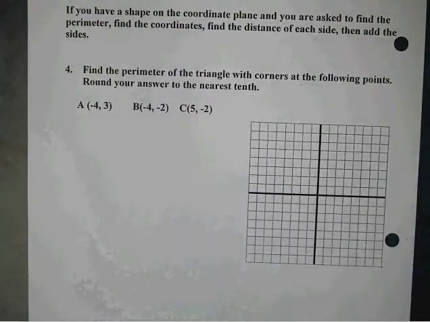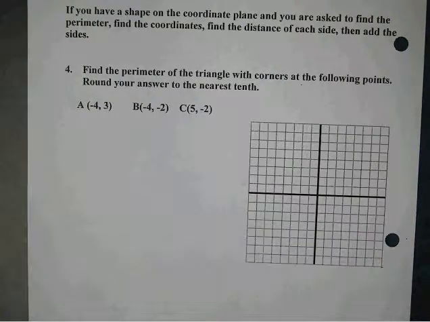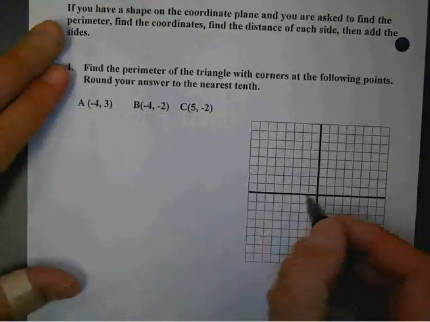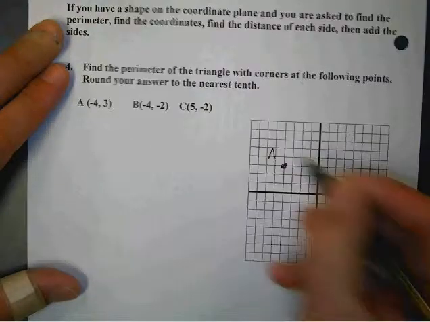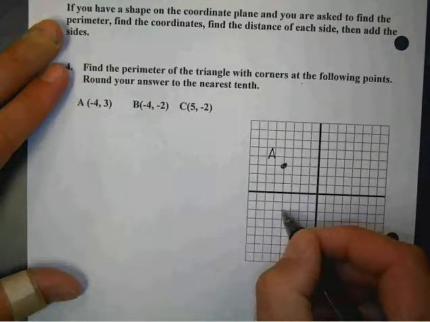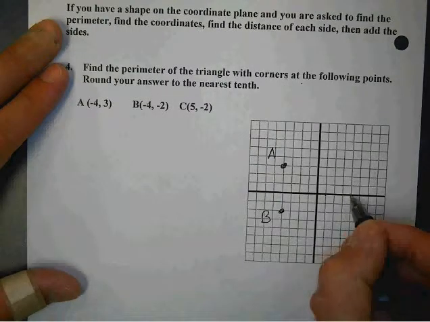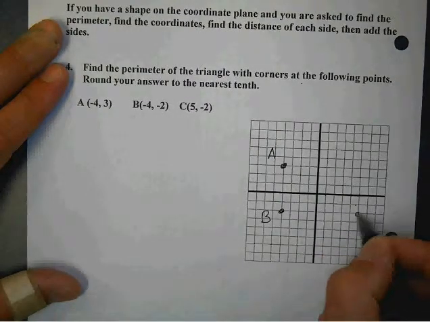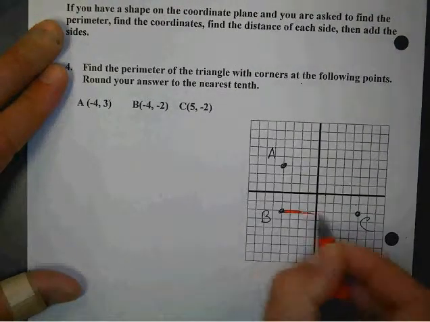Plot those 3 points on the graph right now and label them A, B, and C. Plot all 3. Okay? Plot A, plot B, and plot C. Once you have them plotted, draw your triangle.